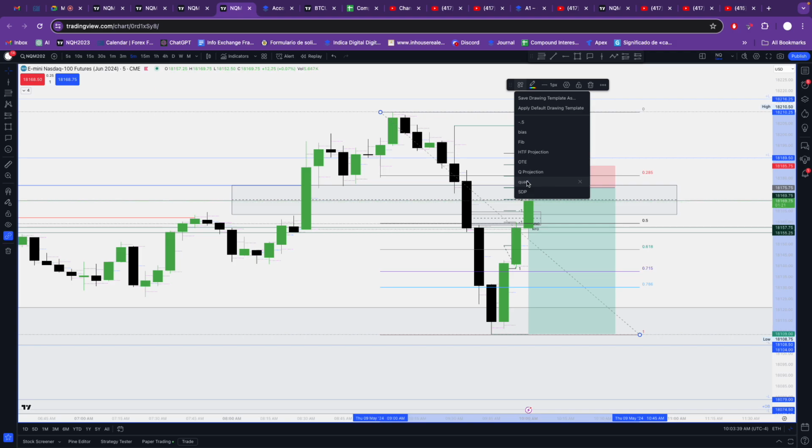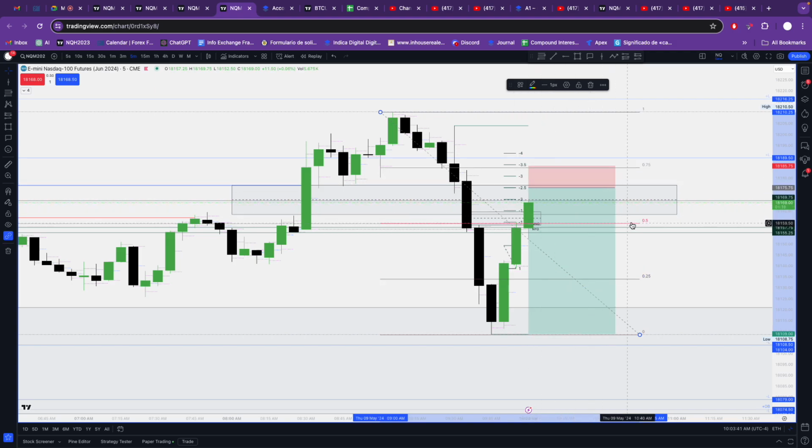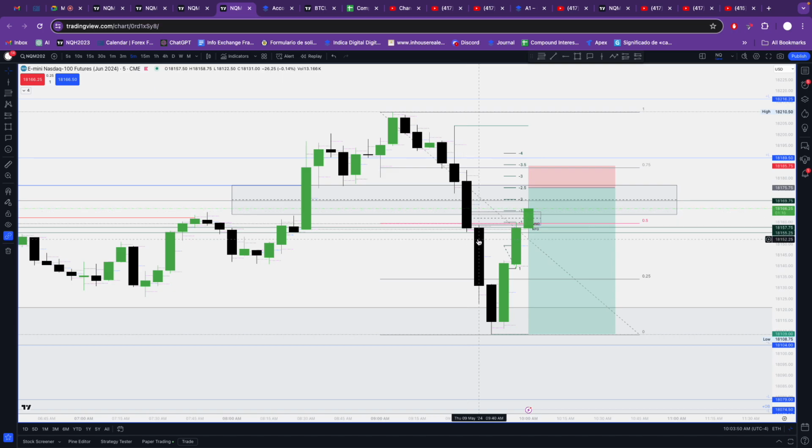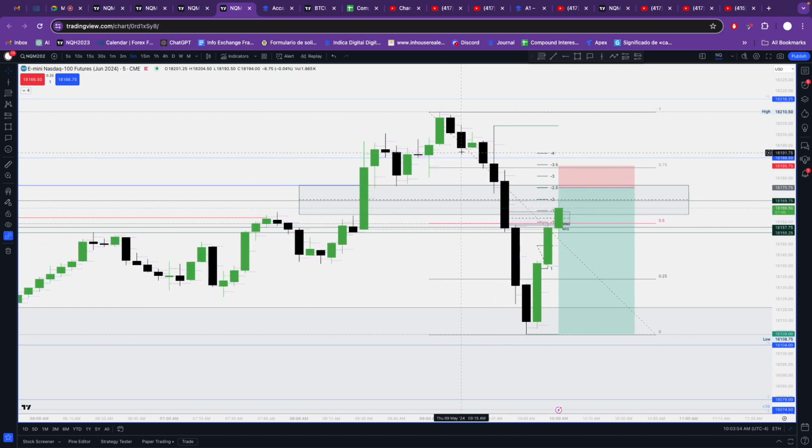Yep. Premium coming up to 2 standard deviation. Fair value gap here. 1, 2, 3, 4, 5 candle run. Perfect. This marks as reversal.